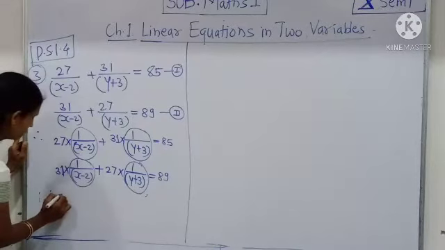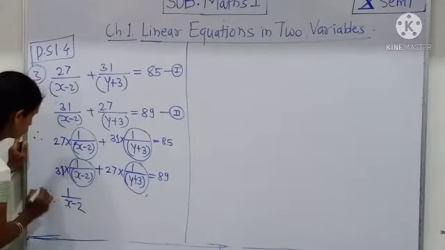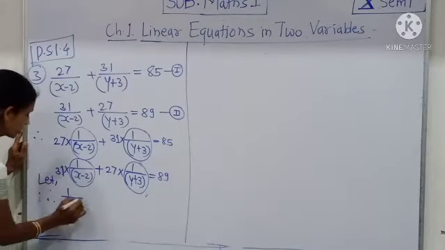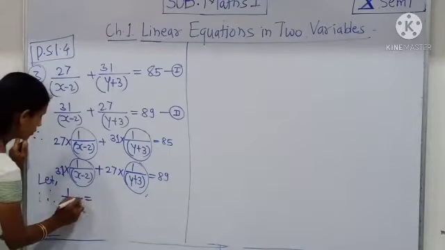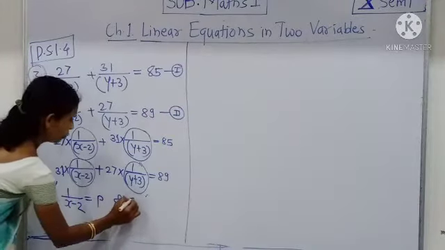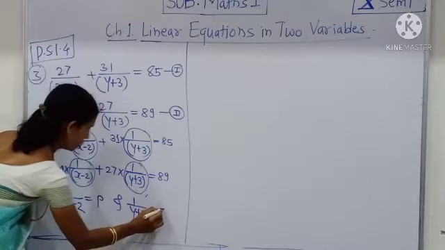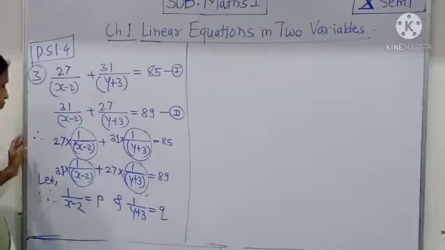Therefore, here for 1 upon x minus 2, let us consider that is p, and for 1 upon y plus 3 is equals to q.